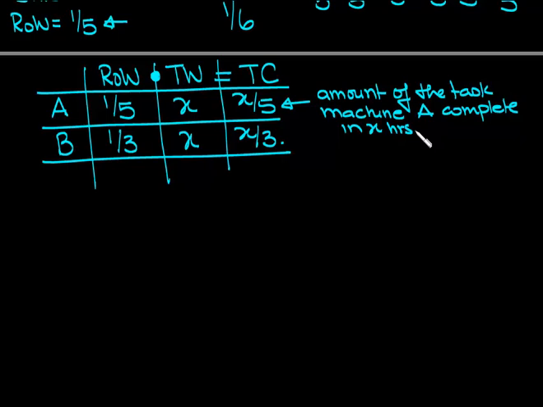So that is the amount of the job machine A completed, and this is the same thing, except instead of A it would be B. So if this is the job that machine A did, this is the job that machine B did.